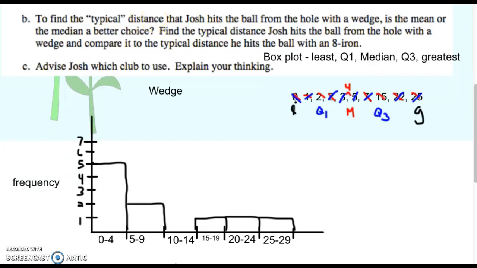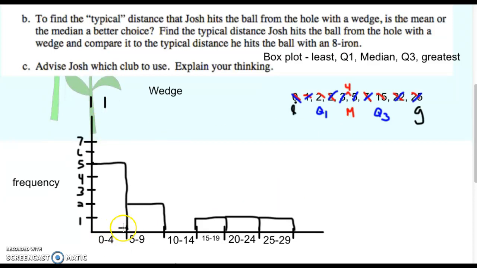And now I can make my box plot. The way you make a box plot is you write lines at each of these points. At my least, 0, I make a line. Then I'm going to make a line at quartile 1, which is 2, about halfway between 0 and 4.